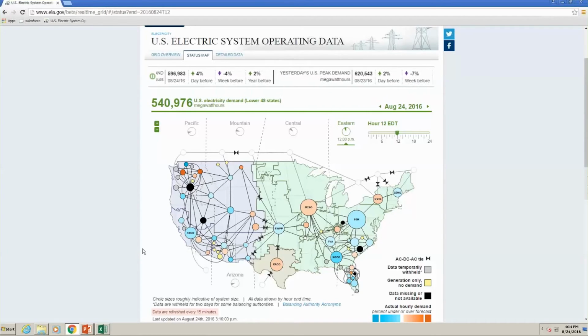Now, the value of looking at this for state people is to better understand how the electric systems in your state that supply electricity in your state fit into the whole picture of how the U.S. grid is set up. And we've got a bunch of different configurations.